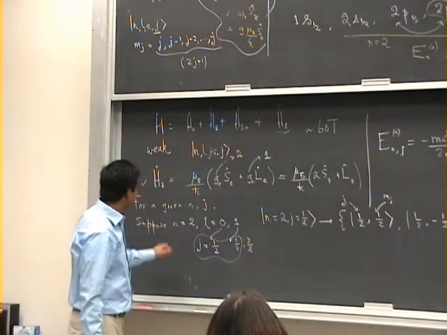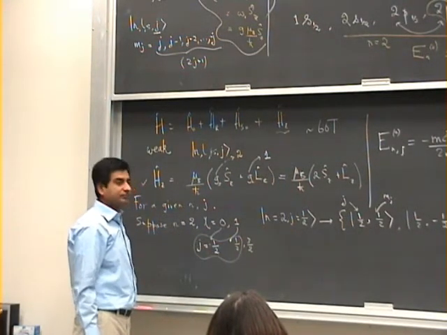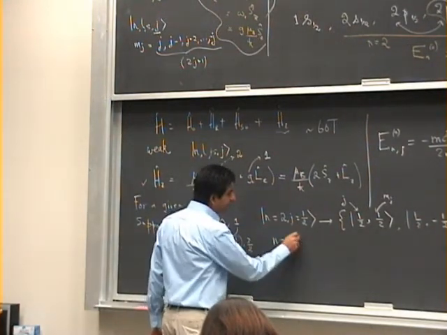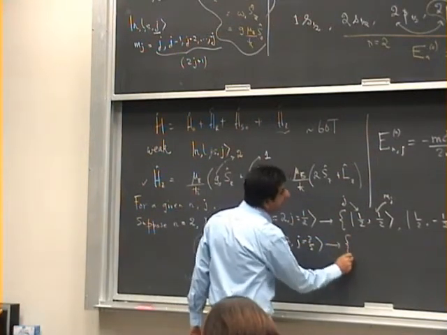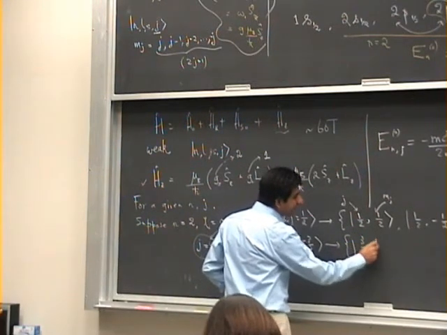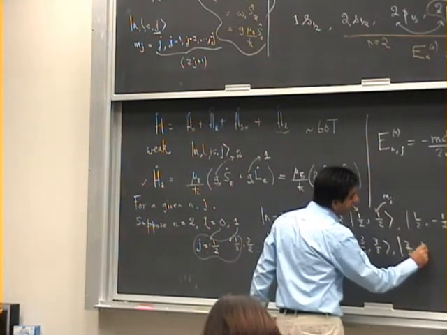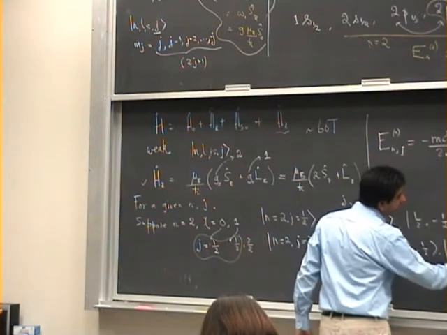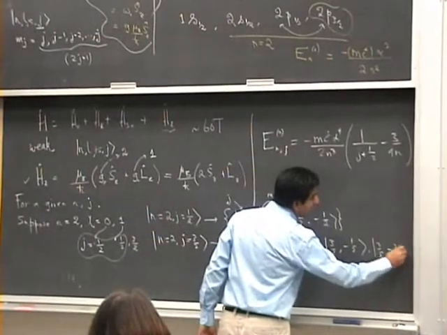Likewise, if I take n equals 2 and j equals 3/2, then my subspace will have more vectors. It will have j equals 3/2 with m_j equals 3/2, half, minus half, and minus 3/2.